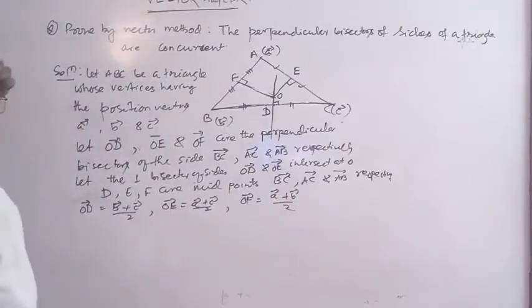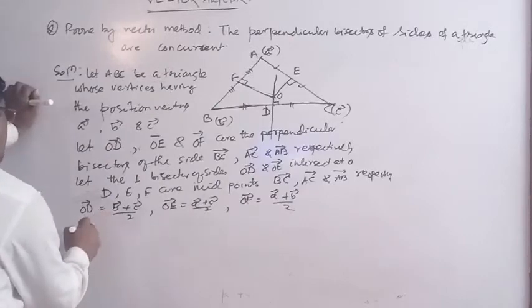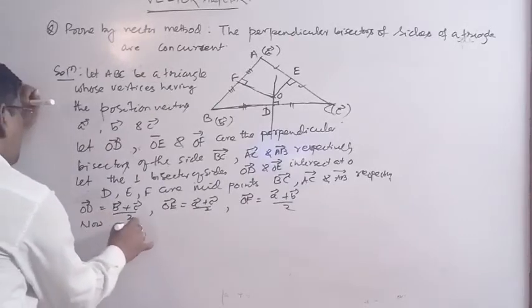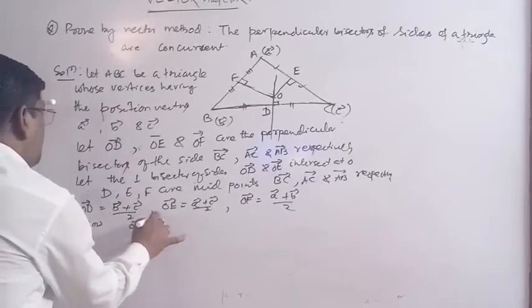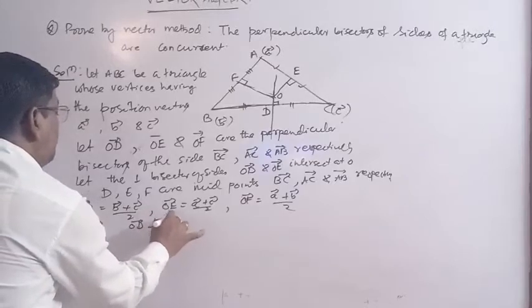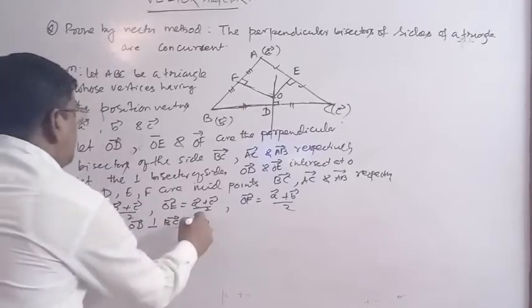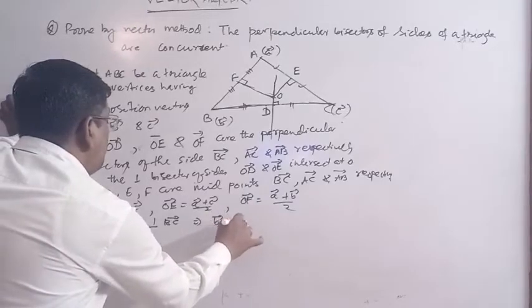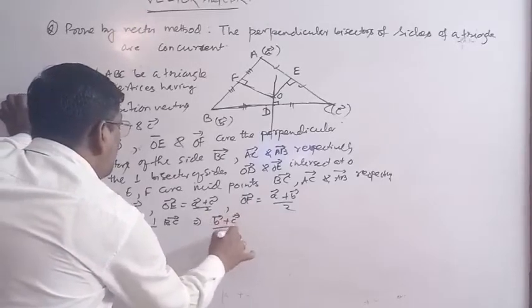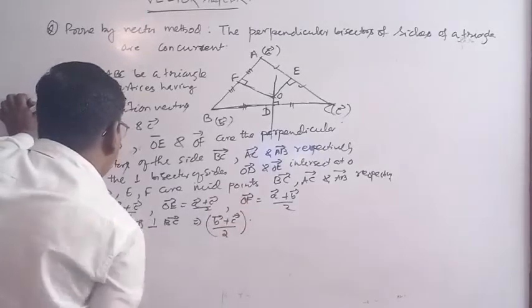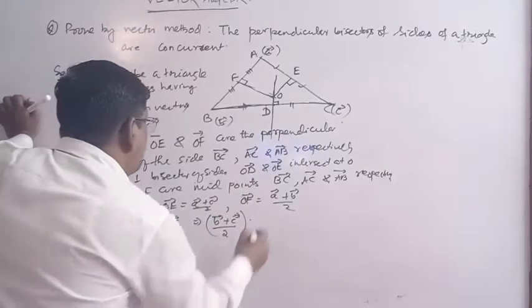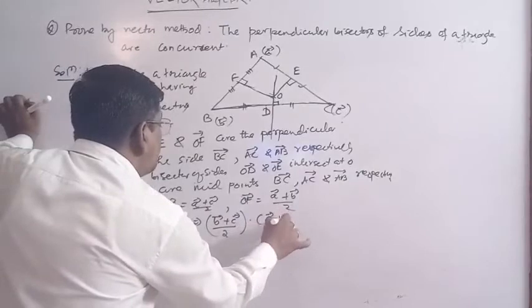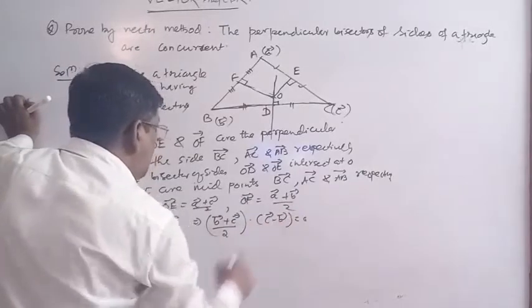Now we can write OD perpendicular to BC. That implies OD means B plus C by 2 dot BC means C minus B is equal to 0.